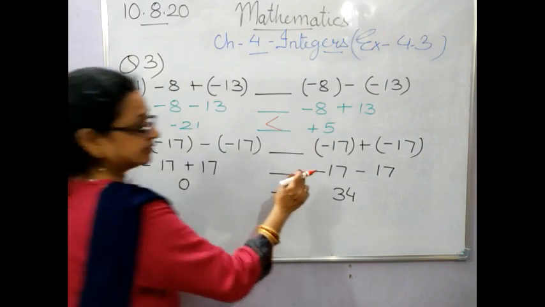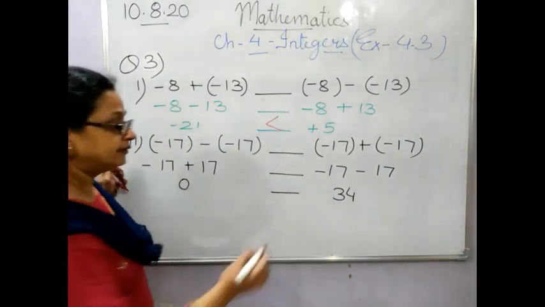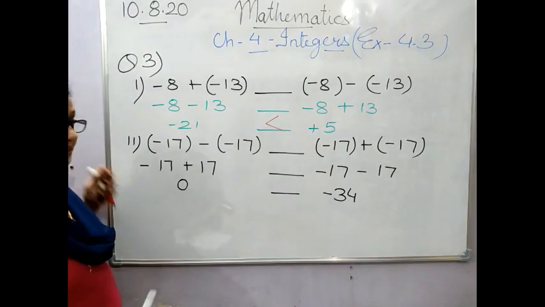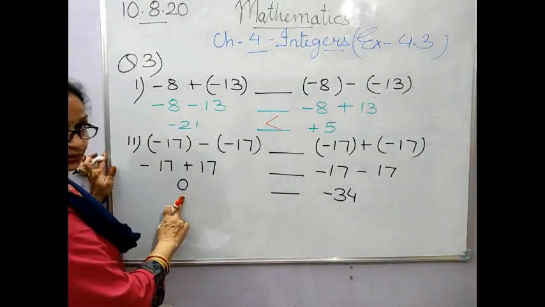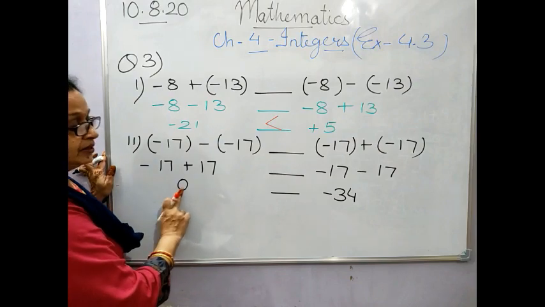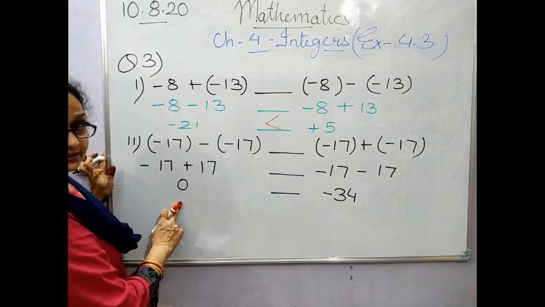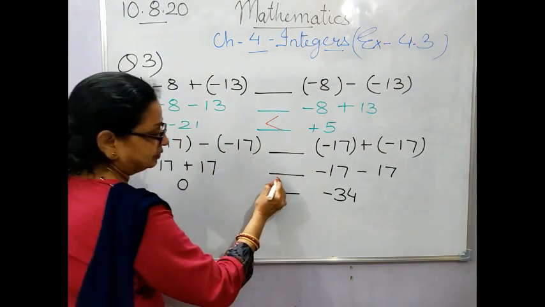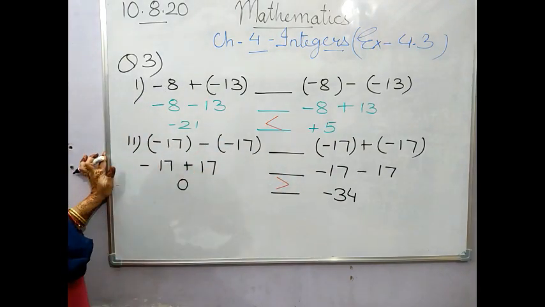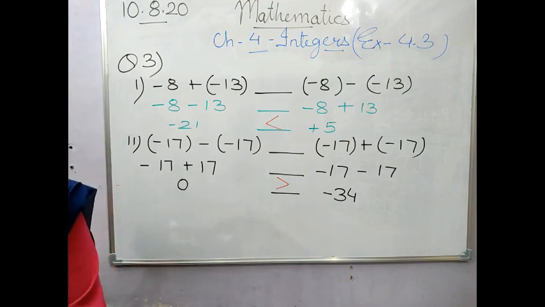Now the sign will be minus only because same signs are there. Now this is a negative integer and this is 0. 0 doesn't have any sign. Now which one is greater? Obviously 0, because negative integers begin after 0. So we will put the sign like this. Hope this is clear. I will do one more for you.